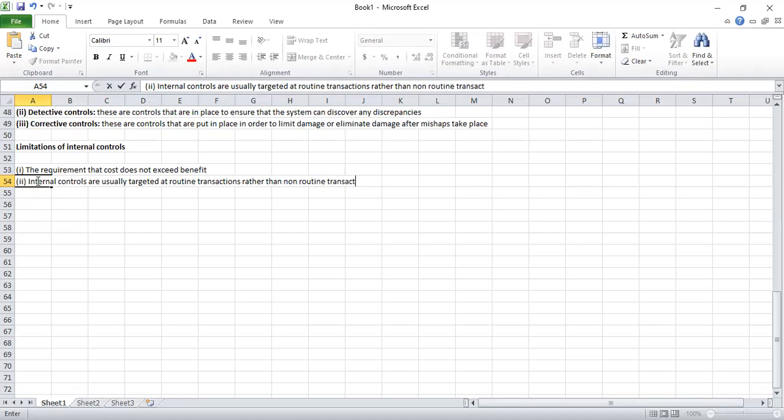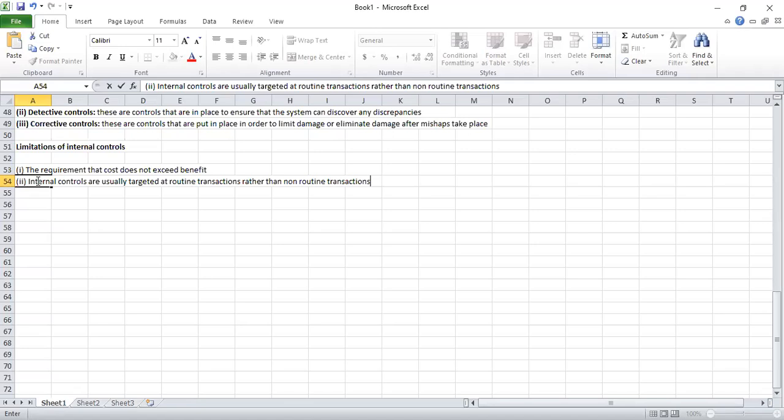When you set your controls, they are usually designed to address the things that you normally face on a day-to-day basis, but they might not be able to deal with some serious situations which might happen during the year.